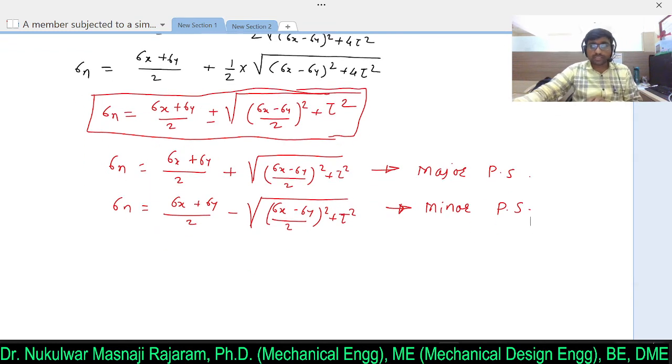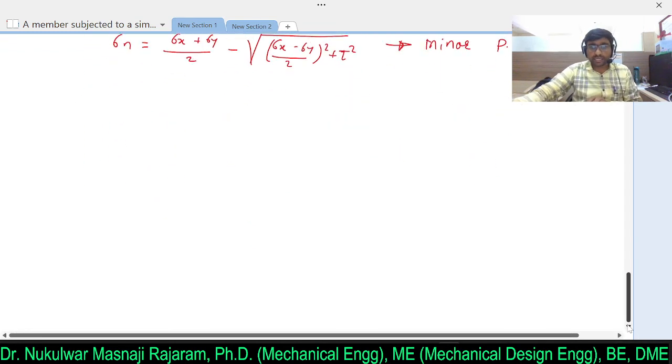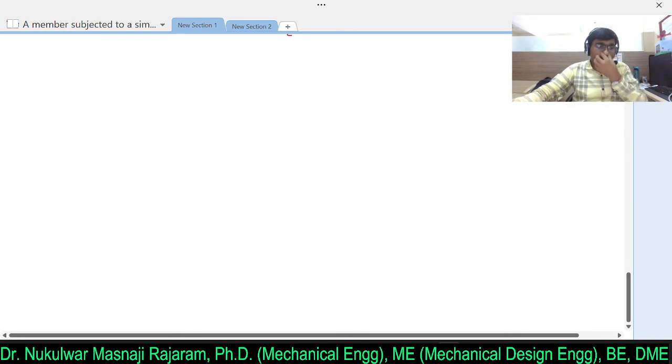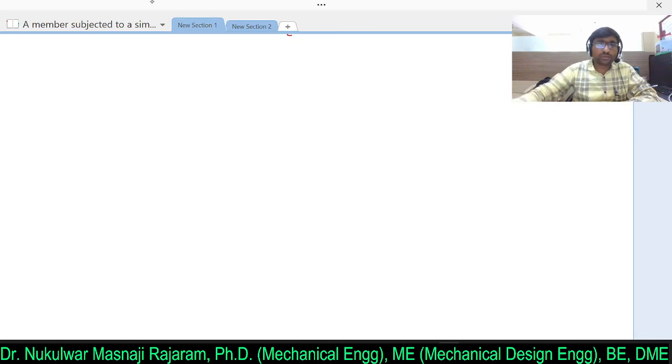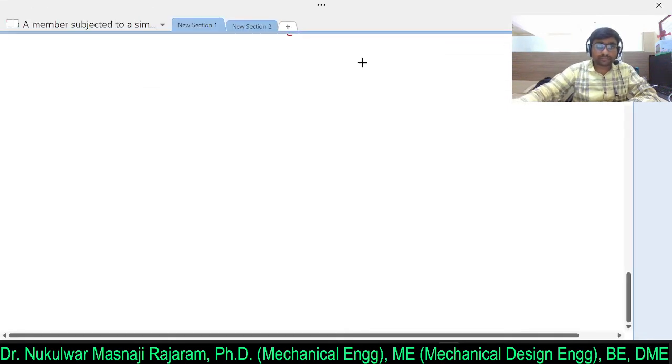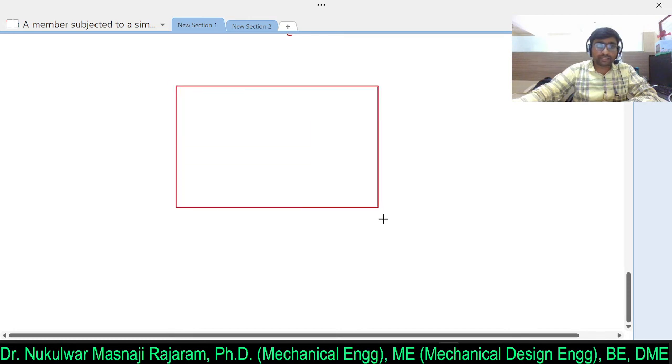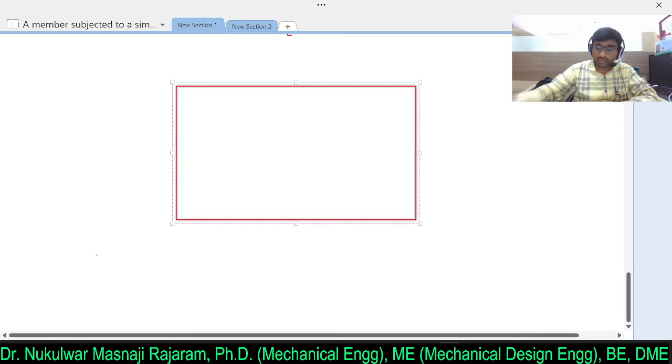Now these two principal stresses, which are normal stresses, are acting at right angle. So what will be the location? I will just redraw the diagram. So if I consider the same bar, clear?